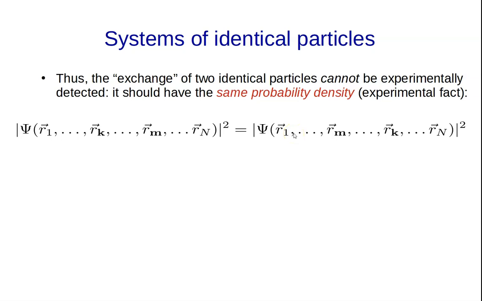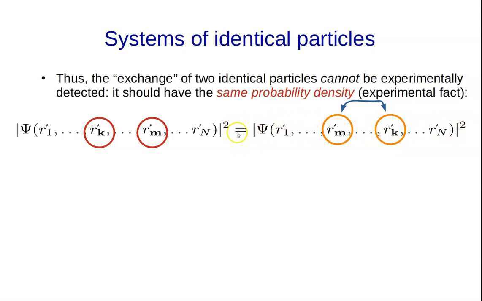So let's go again. You have these two particles, K and M, and now particle K is in position Rm, particle M is in position Rk. You cannot tell these two probability densities apart.